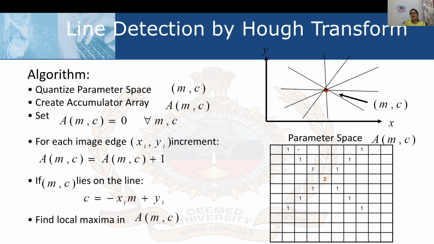So we enter our vote for that xi, yi pair at that location A(m, c). Once all the details are filled in, we look for the local maxima in A(m, c), which tells me the actual location of that particular line in the image space. So this is how the algorithm works.